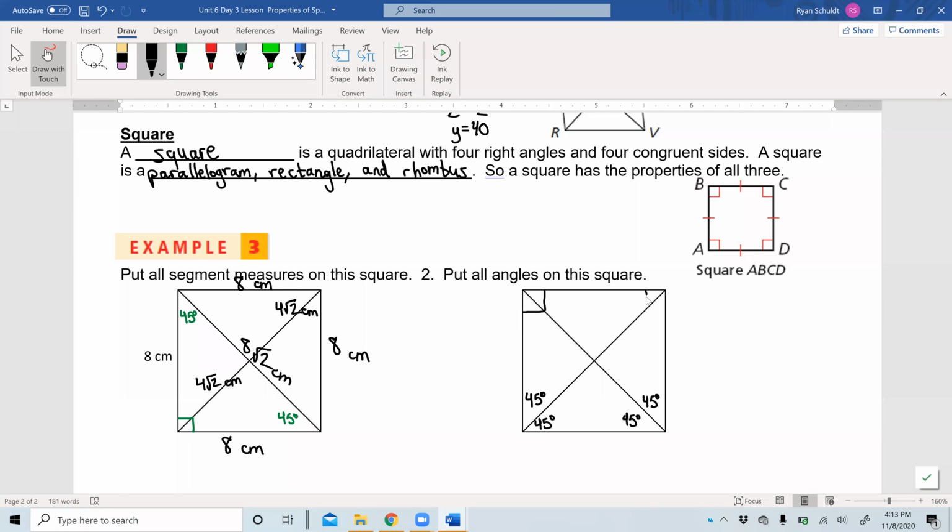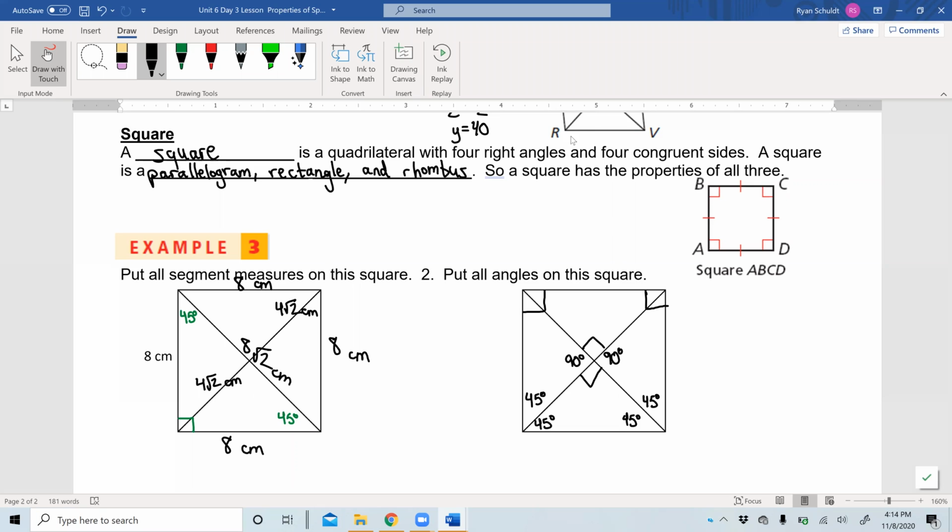Of course, these are right angles up here. This is 90. 90. Here, I'm going to put the symbol instead of writing it. Okay, so we've labeled our square.